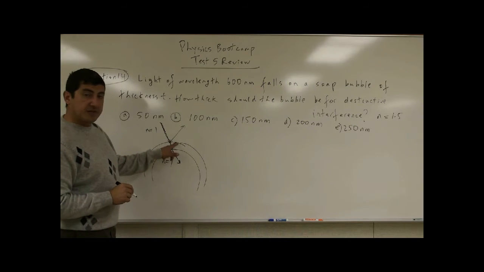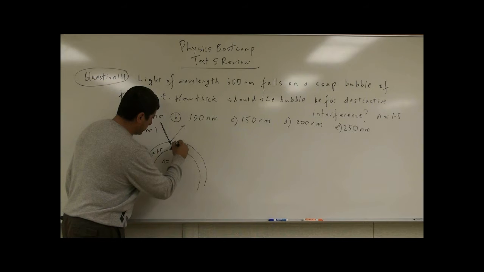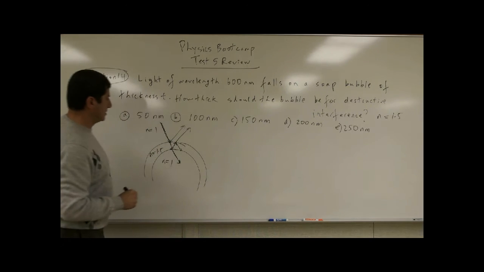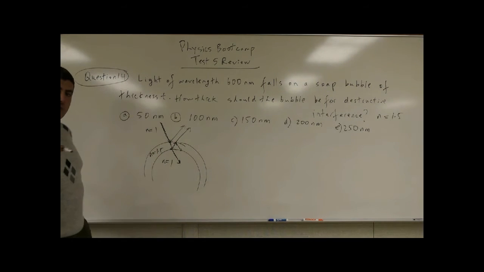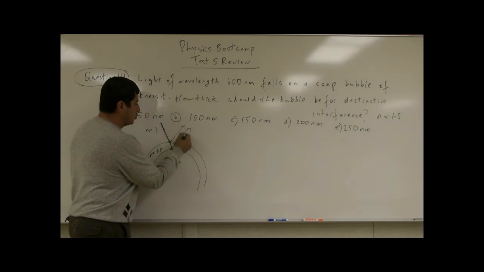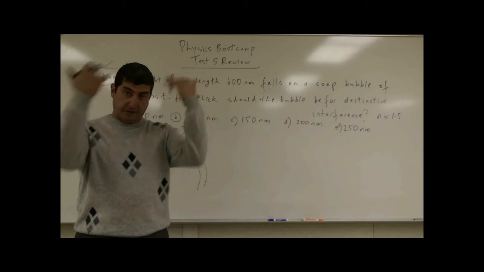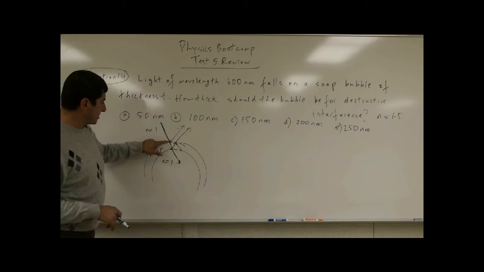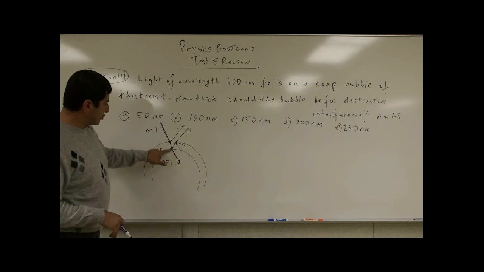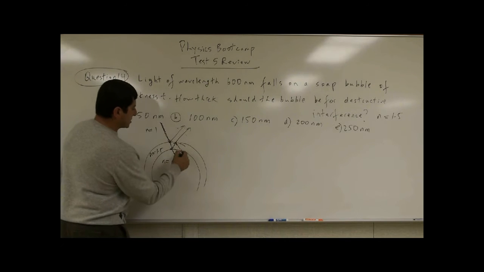When it hits this medium, part of it will reflect, part of it will transmit. So what we're looking at when we're analyzing thin film interference is the interference of these two waves: the one that reflected immediately from the top of the surface, and the one that reflected after transmitting.